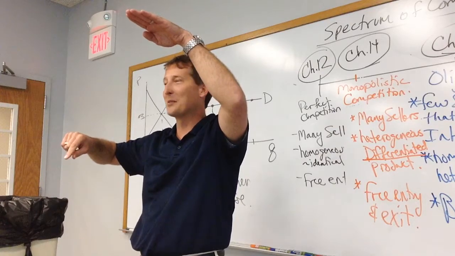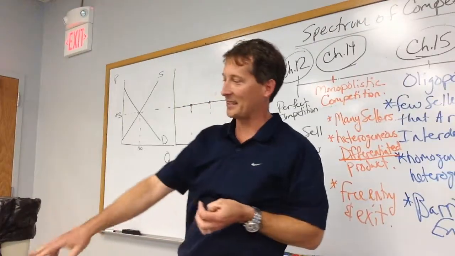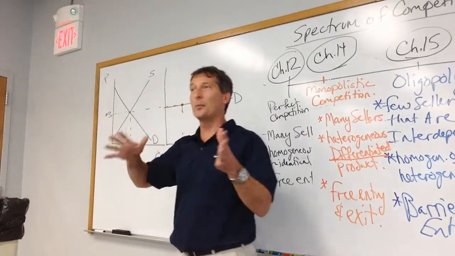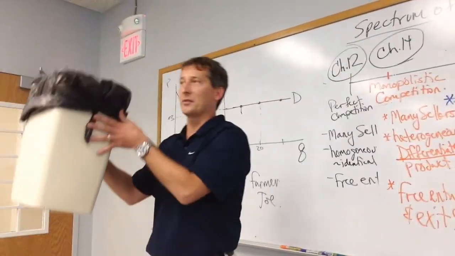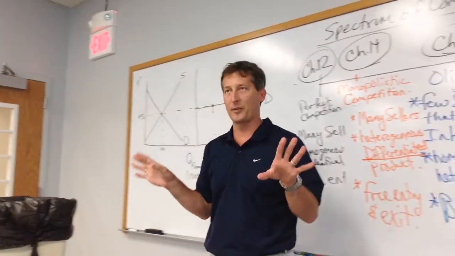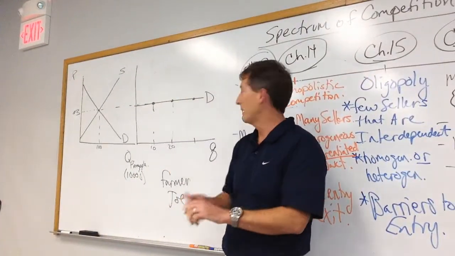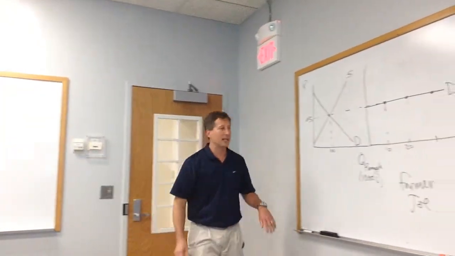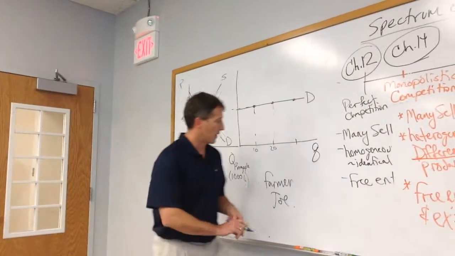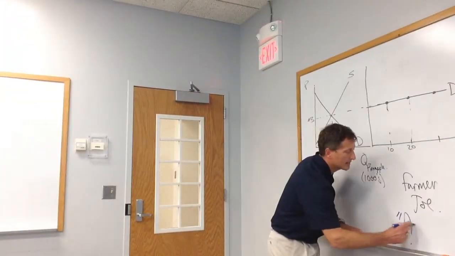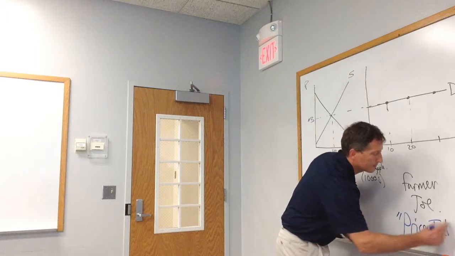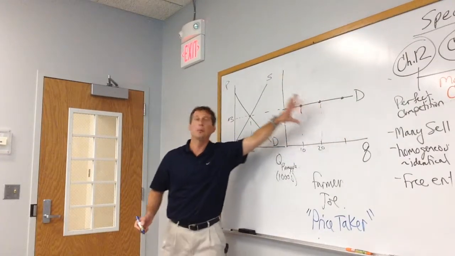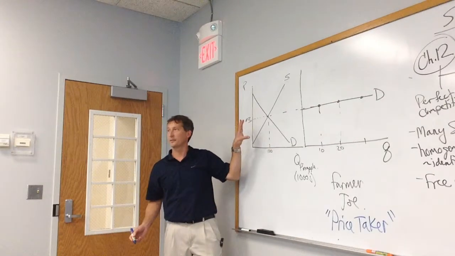You'd have to have a pretty good microscope to see that. That's how small Joe is relative to the market. Farmer Joe is so small relative to the market that he's essentially insignificant all by himself. He's a drop of water in the bucket. And so we say that he is a price taker. He takes the price that's given to him by the market.